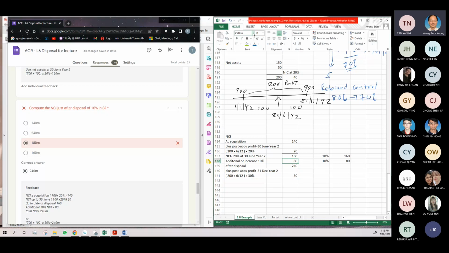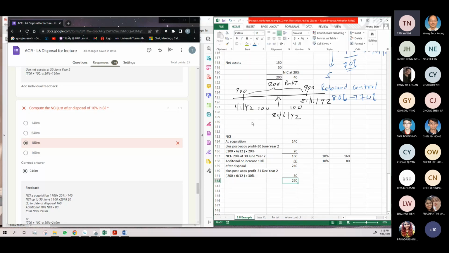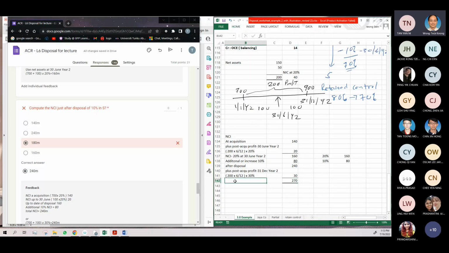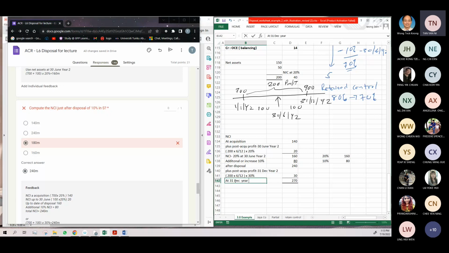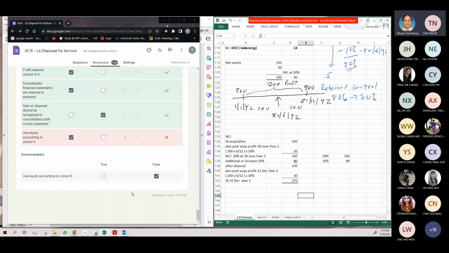So just do until year end, so you can see. So this is at 31st December year 2. Okay, good. Double entry, excellent.